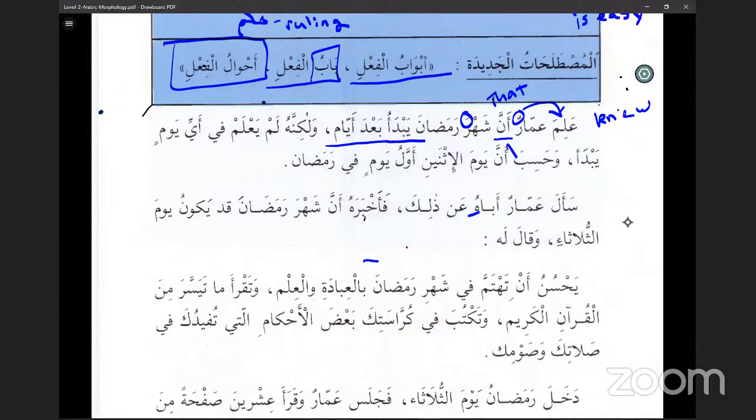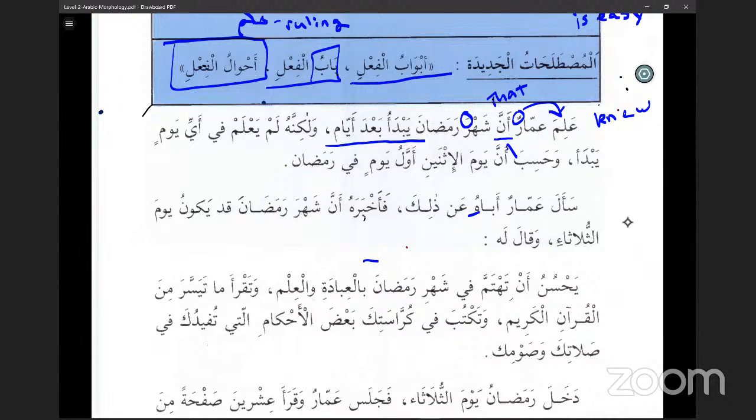When does it begin? Ba'da, after ayyam, some days. Yawm, day, ayyam, days. Like ayyam al-usbu', which we just took, the days of the week. So Ammar knew that the month of Ramadan begins after some days.